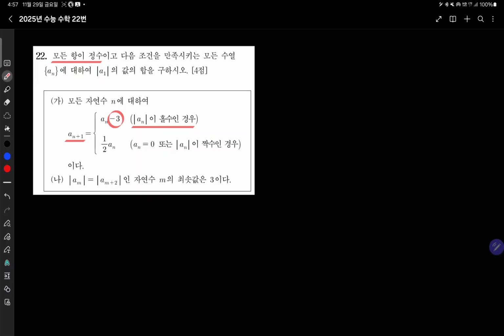Or if the term is even, half of the term will be the next term.